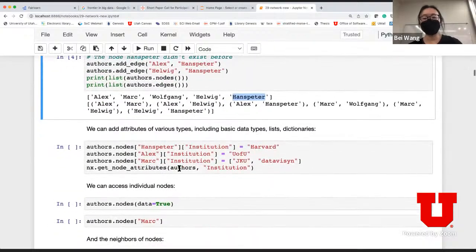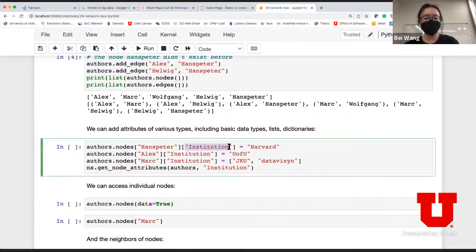The other thing that is really useful is that not only do you have nodes and edges, you can also have attributes. Attributes are essentially things that are attached to each node. For example, in this specific case, I want to define for each node a field called institution, and assign a value to that field.